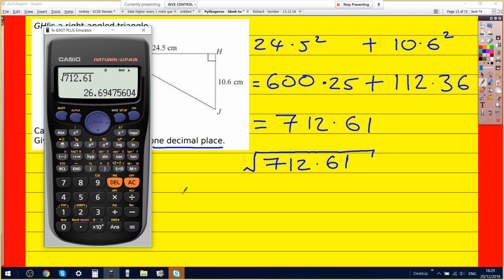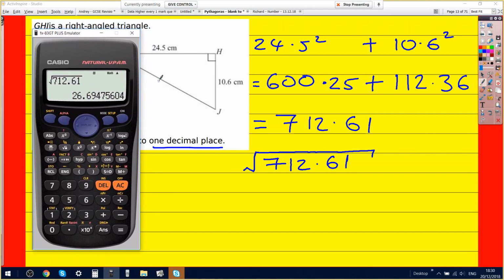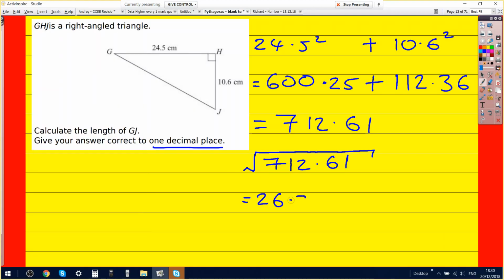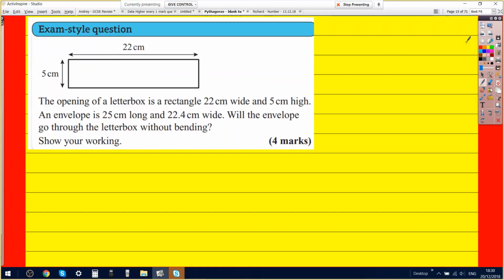Nah, you've got the right one. My calculator's messing up. Okay, 1 decimal place. 26.7. Hold on, 26.7 centimeters. And yeah, makes sense. That one's about 24. This should be the longest one, 26.7. 26.7, 3 marks.